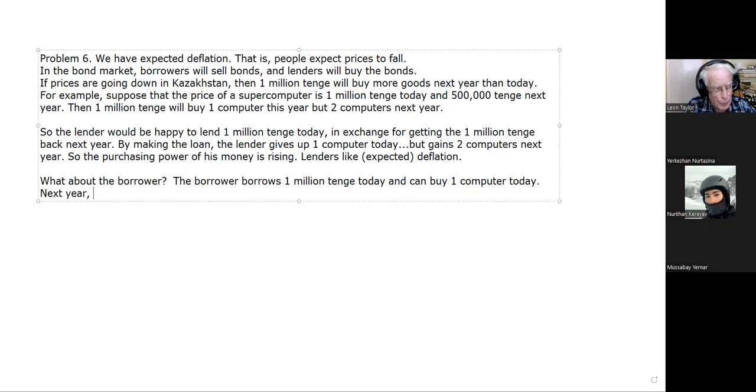But next year, he must pay back 1 million tenge, never mind the interest. And that amount of money next year could have bought 2 computers.